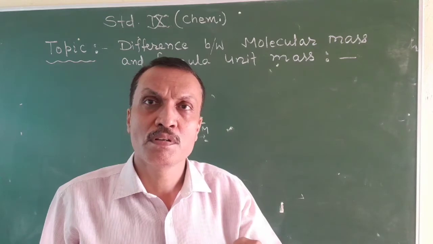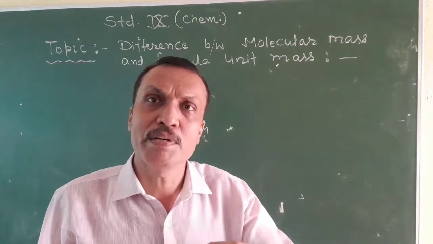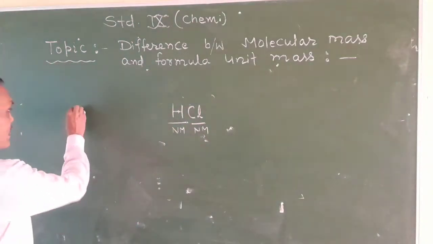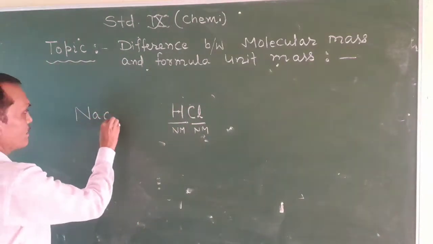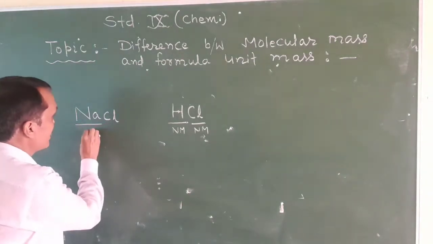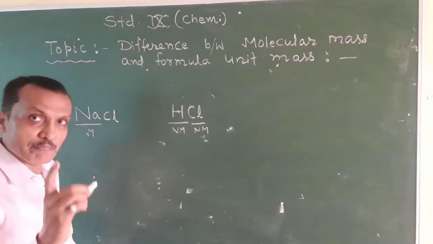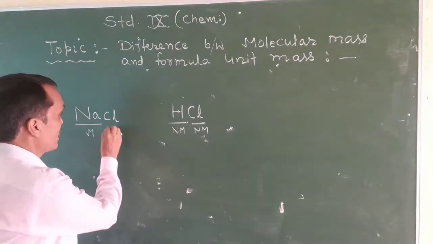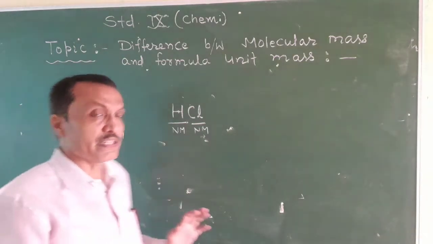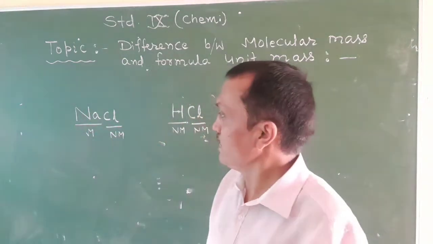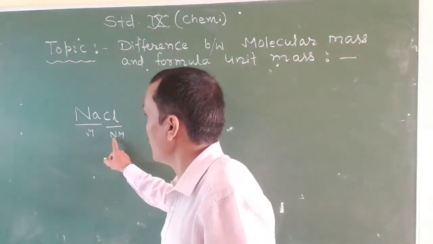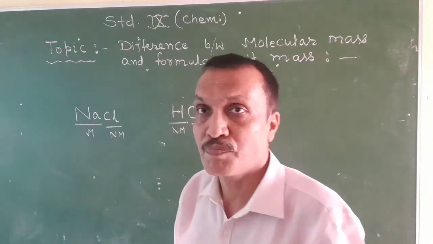And a compound which is made of metallic and non-metallic atoms, for example NaCl. Students, in NaCl, Na is a metal, as you well know, and Cl is a non-metal. So you can see the compound NaCl has been made of metallic and non-metallic atoms.